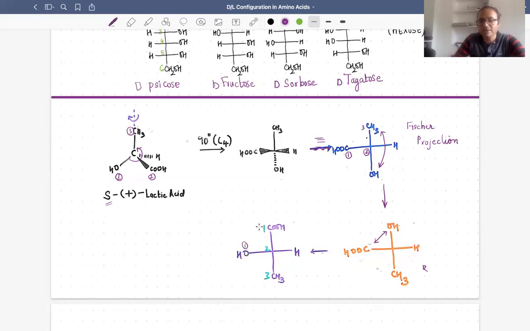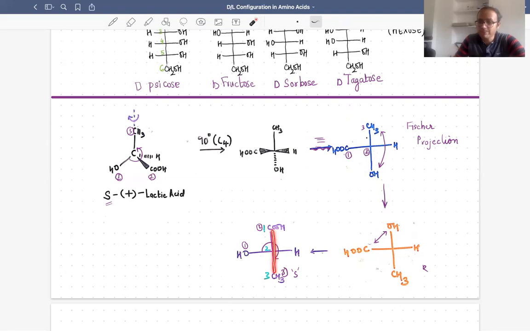So OH here, this is first, this is second priority, and this is the third priority. When you move from 1 to 2 to 3, it looks clockwise. So it seems R, but since the fourth group is on the horizontal bond, this original configuration should be the S configuration.